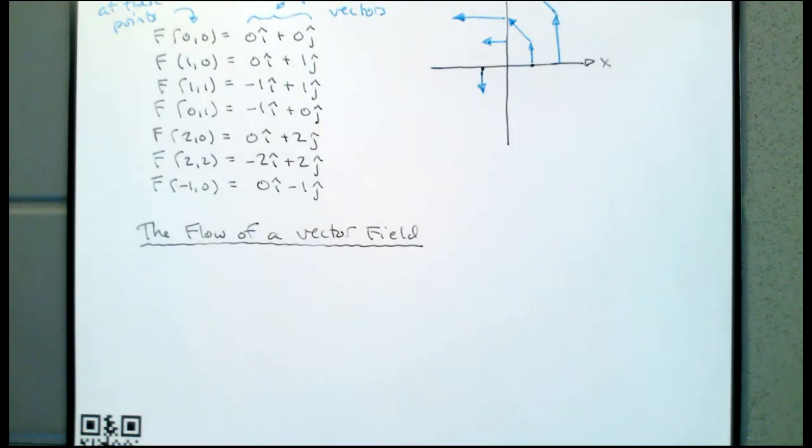Imagine the flow of the vector field as the wind, or imagine the vector field as the direction that the wind is blowing. And so then we can imagine the flow of the vector field as a leaf on the wind.